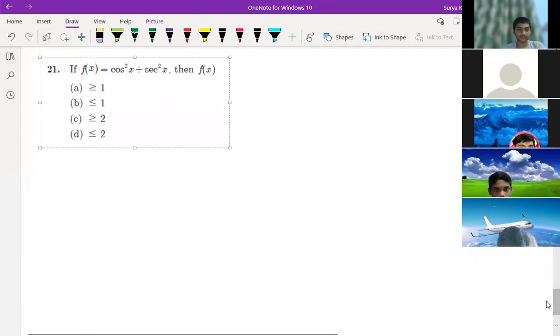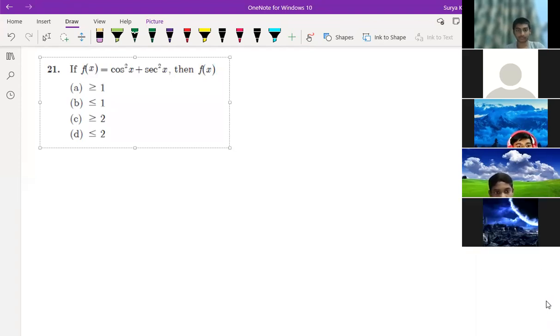Sir, it's 1. Okay. Sir, it's greater than or equal to 2. Greater than or equal to 2. It has to be less. Wait, sir, how is it 2?